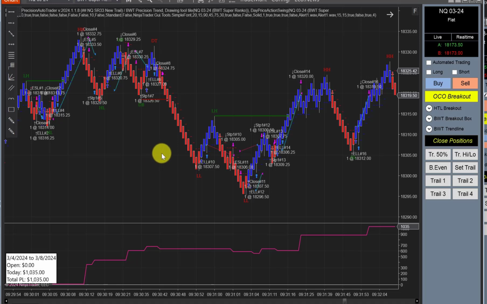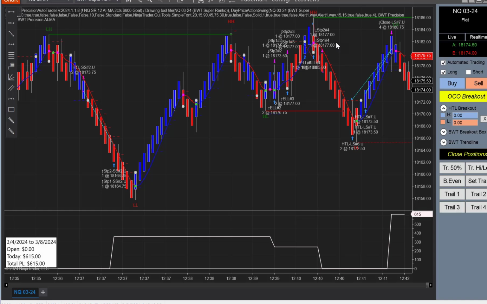But the best way to use the Autotrader is a combination of discretionary trading and automation. In other words, choosing when you're going to engage the automation. Okay, this next chart was traded later in the day, a little past 12:30 p.m. And this is back to my Super Renko chart.